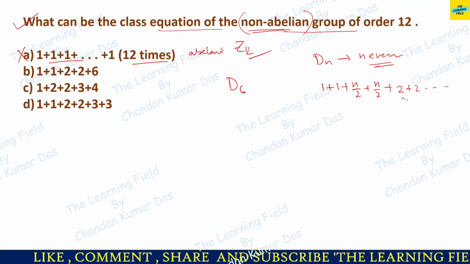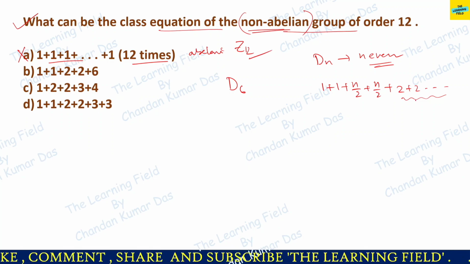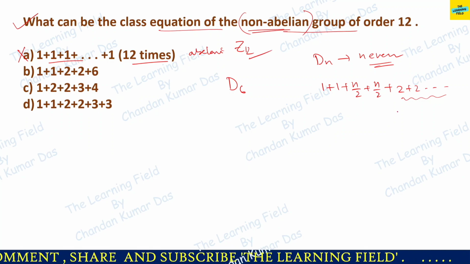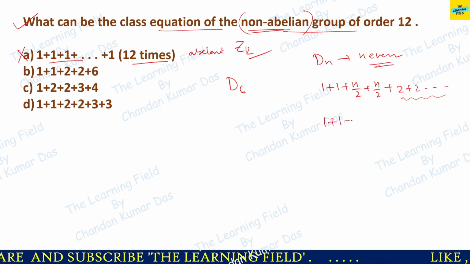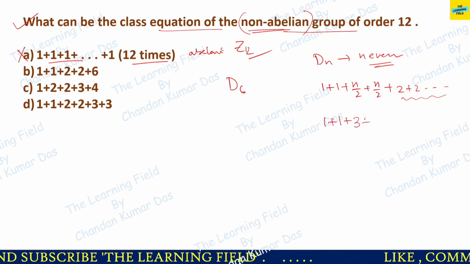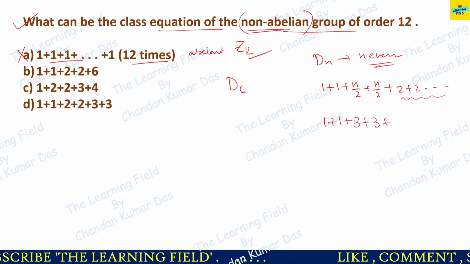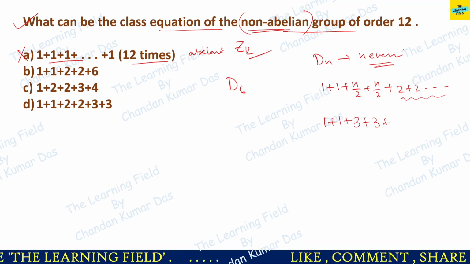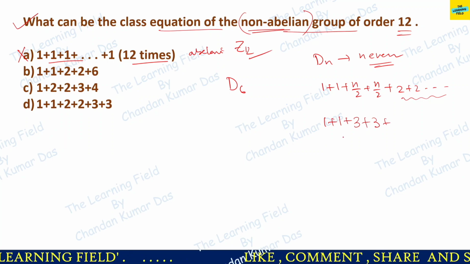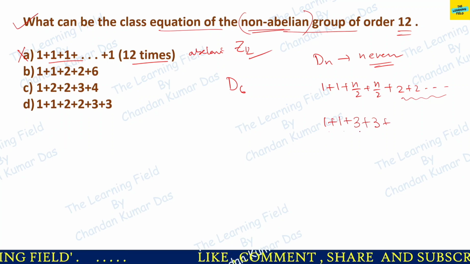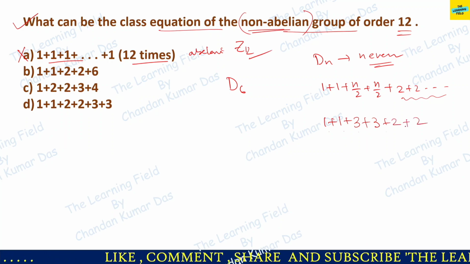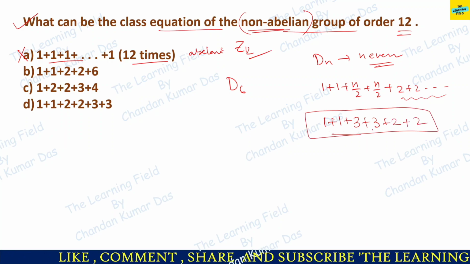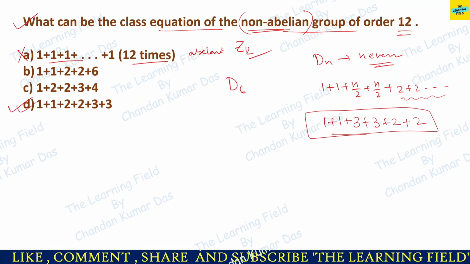There is a formula for how many 2s there are, but you don't need to remember that, because you just write 1 plus 1 plus n by 2, meaning 3 plus 3, and the remaining 2s up to the sum equal to the order of the group. So 1 plus 1 is 2, 2 plus 3 is 5, 5 plus 3 is 8, 8 plus 2 is 10, 10 plus 2 is 12. So this is the class equation. Directly you can say that it is option D here.